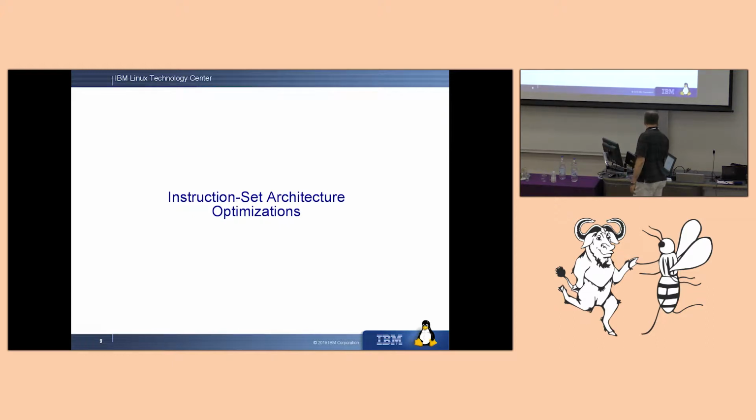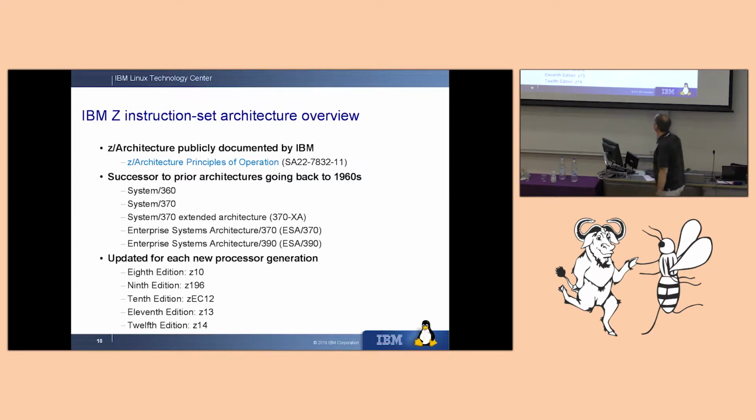Now, what are we doing to support the platform? As I said, it's always sort of the two aspects. We need to support the ISA, and we need to support the microarchitecture. On the ISA, just as a refresher, because not everybody may be really familiar with the IBM Z architecture, it is publicly documented.